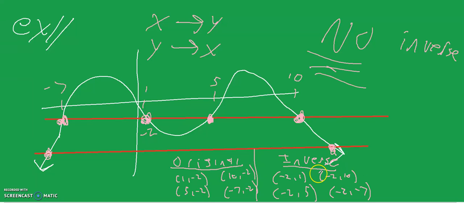So for my inverse, it's going to send -2 to 1, -2 to 5, -2 to 10, and -2 to -7. And that is a problem, right? My x values can only go to one y value in order for it to be a function. And so that's another reason why, if it doesn't pass the horizontal line test, my original function does not have an inverse, because the inverse will not be a function itself.